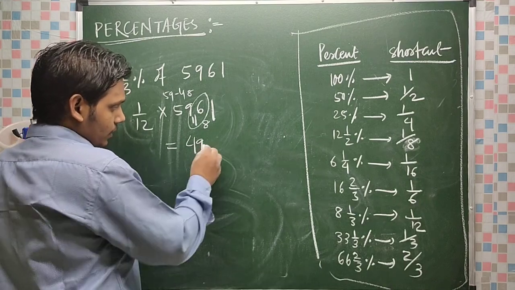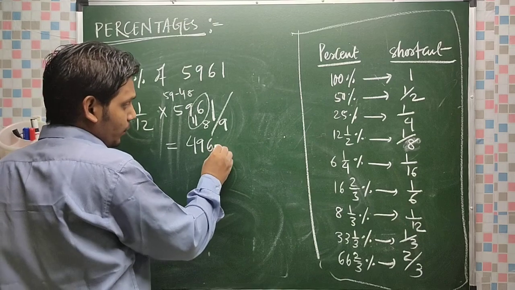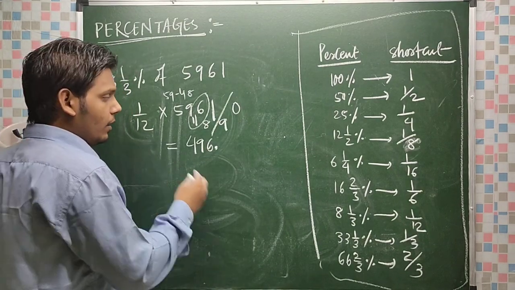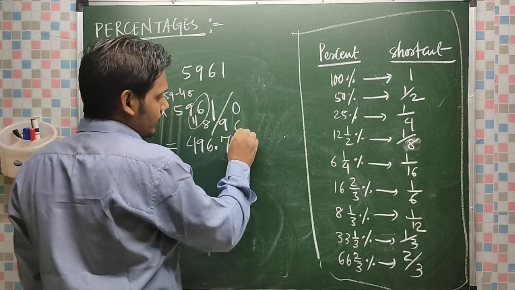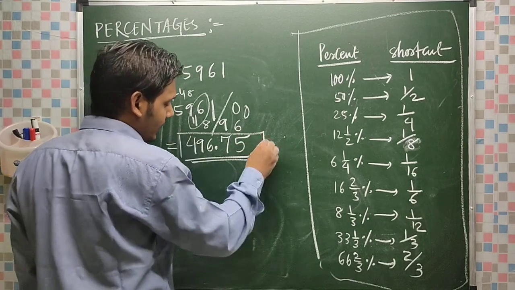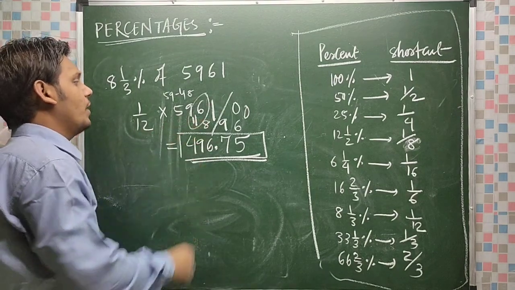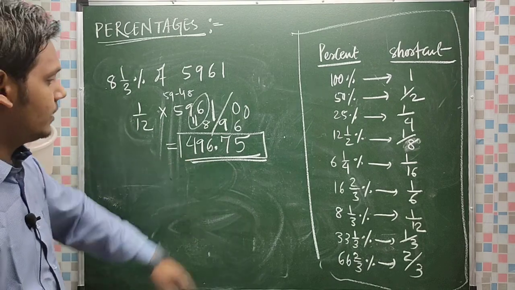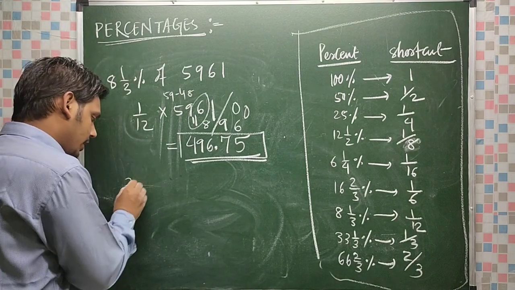So 12 6 72. Now 9 remain. You have to put a decimal, 90. Now 12 7 84. Now 6 0, 12 5. The answer is 496.75. You have to divide 5961 by 12. The answer will become 496.75.